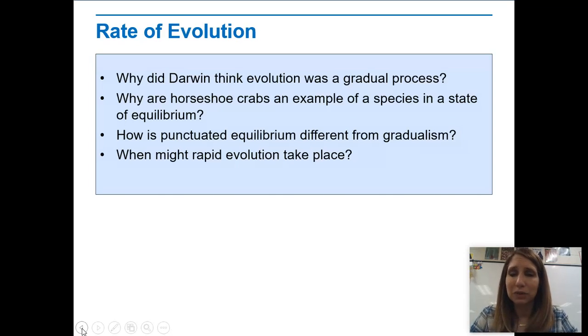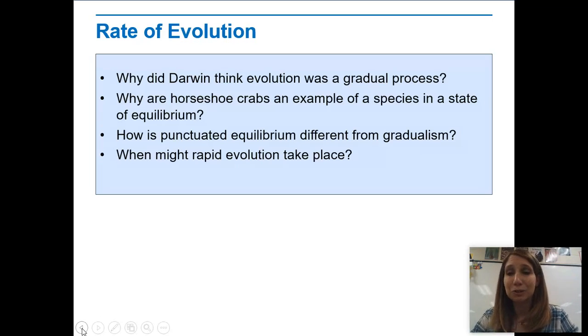Horseshoe crabs is one specific example that your textbook brings up at this point, and they like to talk about the fact that horseshoe crabs are pretty ancient. They're pretty archaic in that a lot of their structures tend to be conserved over time. They haven't changed all that much, even though genetically they may be different. Their body structures haven't adapted in any way.